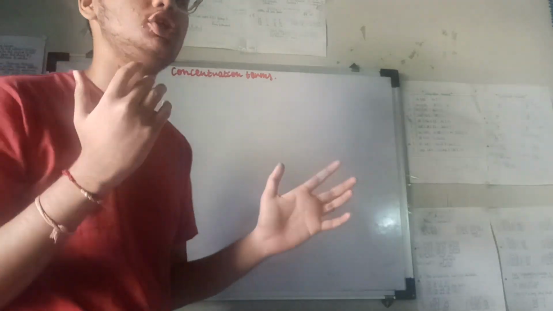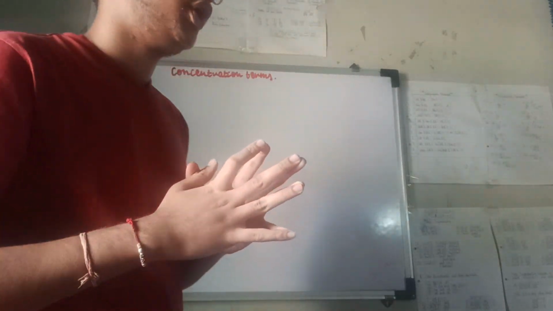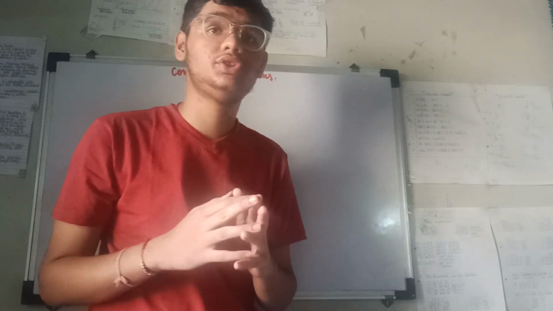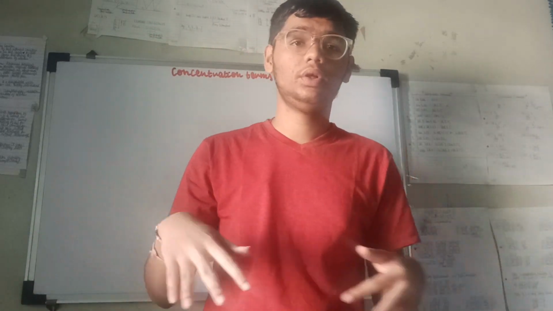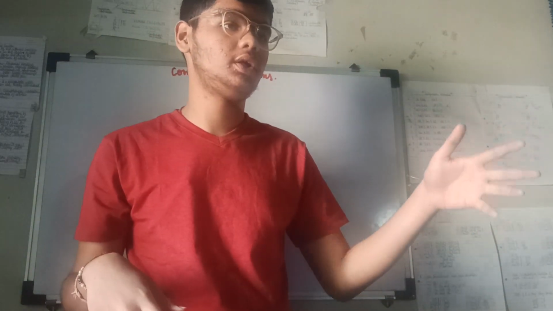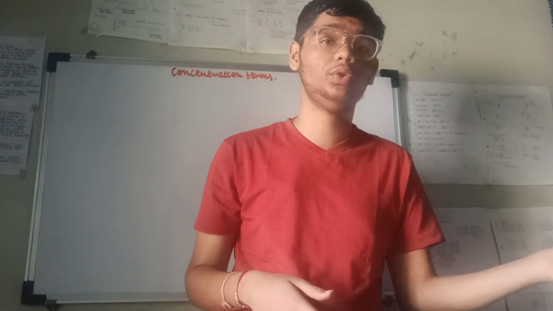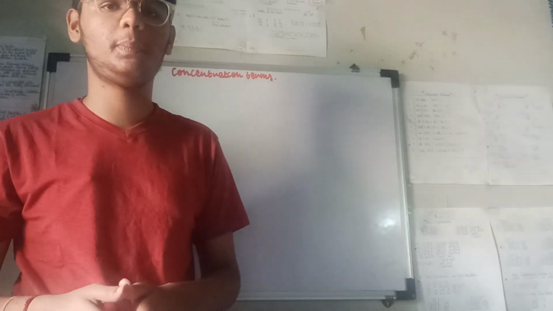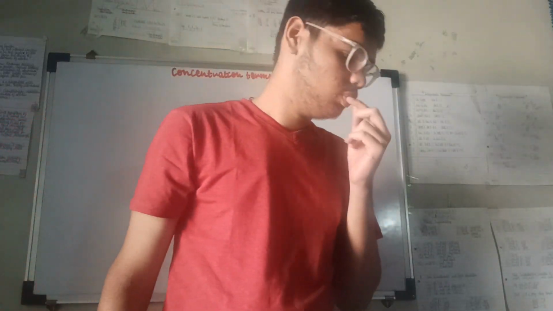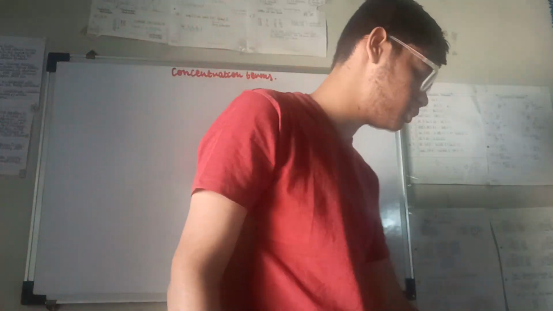These are concentration terms, and in some cases, in seawater you will be given a problem: what is the salt content in the seawater. So there you will use parts per million or parts per billion. We will see each term with formula.